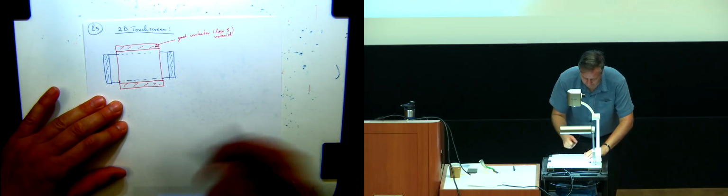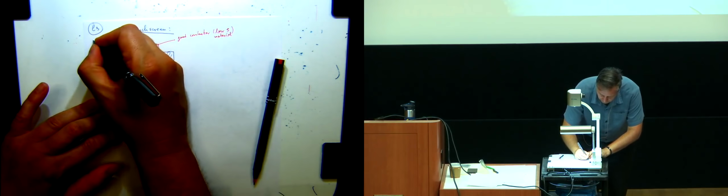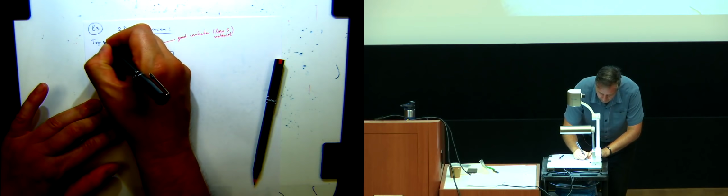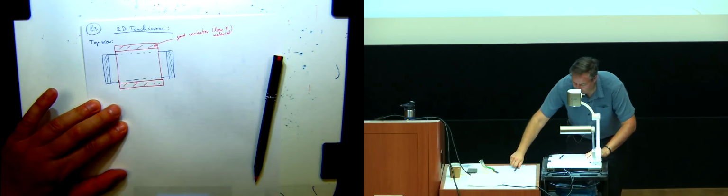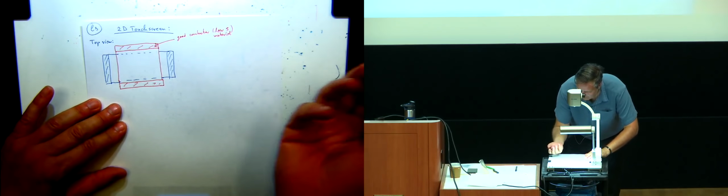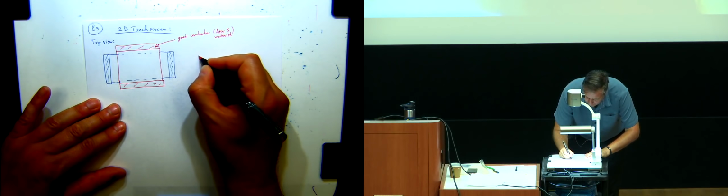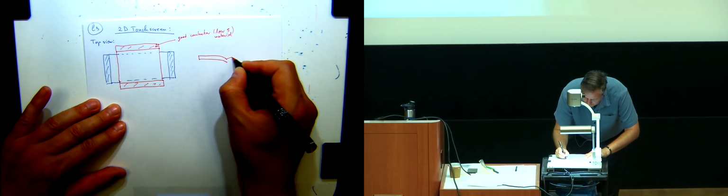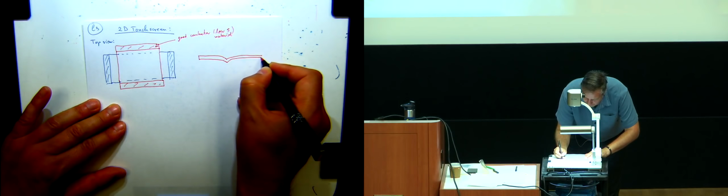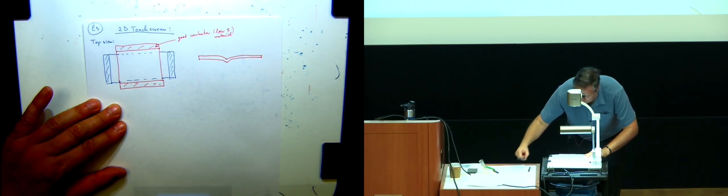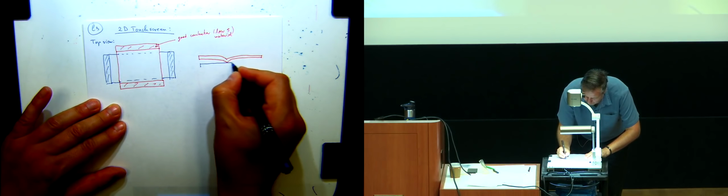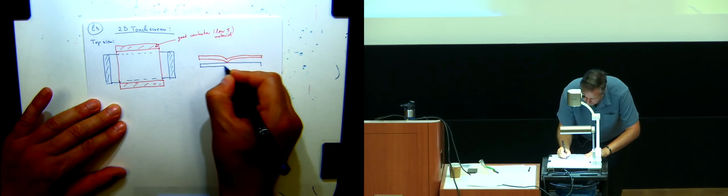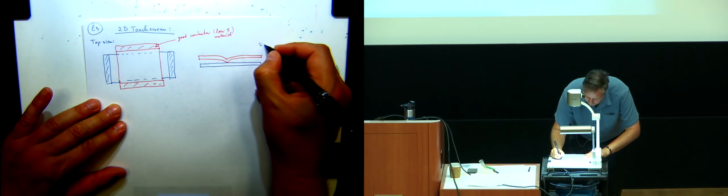Okay? By the way, this is a top view. Right? The side view still stays the same. If we push with a finger, it's going to be something like this. So this is the side view.